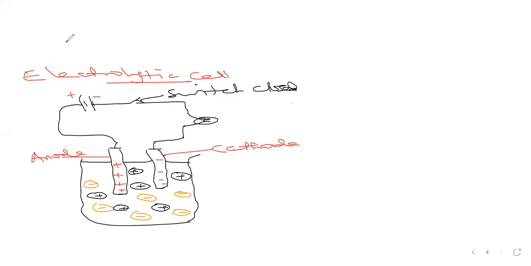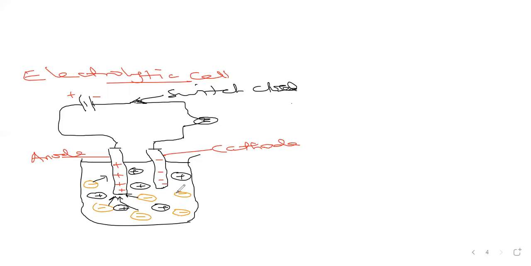So when you close this switch, when you complete the circuit by closing the switch, the ions start to move. The negative ions usually migrate to the anode. They fight for places near the anode.